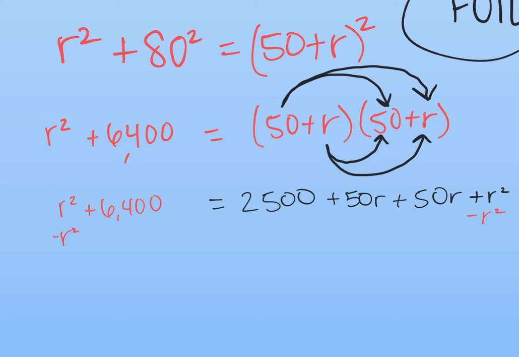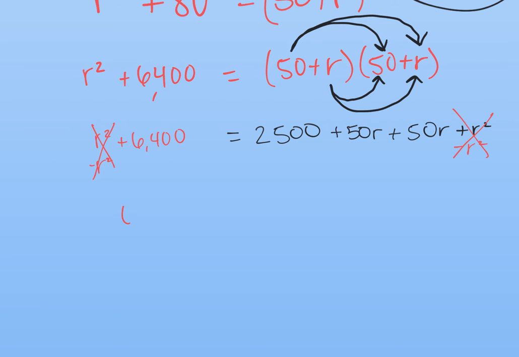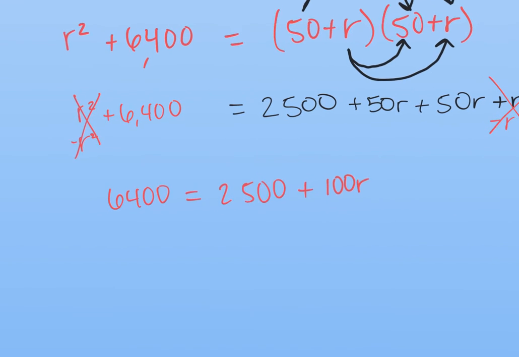What's R squared minus R squared? 0. Okay, so now let's just solve the rest of it. So we've got 6,400 equals 2,500 plus, what's 50R plus 50R? 100R. How would we solve for R?